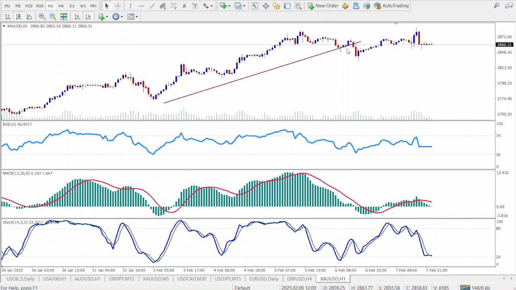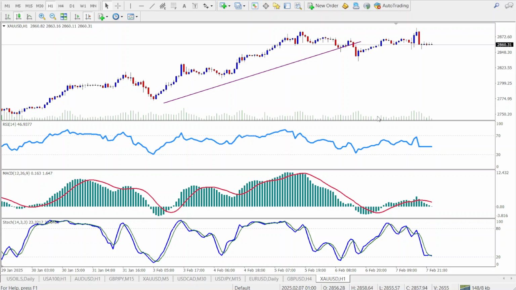When you have price moving in one direction and you have any of these momentum indicators moving in the opposite direction, then you have a divergence. So this signals that momentum is weakening and that a potential reversal or continuation could be on the way.